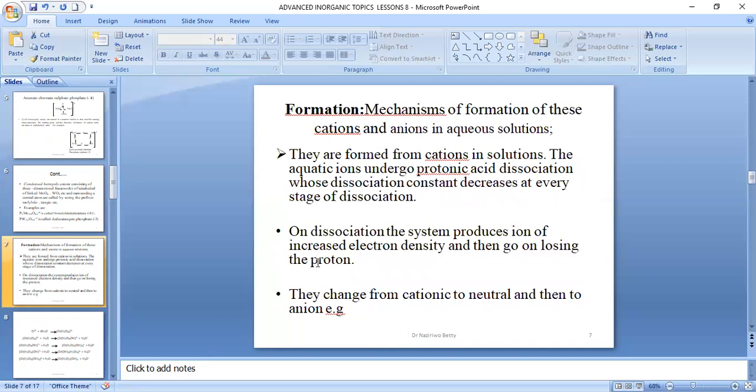The aqua ions undergo protonic acid dissociation, whose dissociation constant decreases at every stage of dissociation. On dissociation, the system produces ions of increased electron density, and they go on losing protons. They change from cationic to neutral and then to anionic.